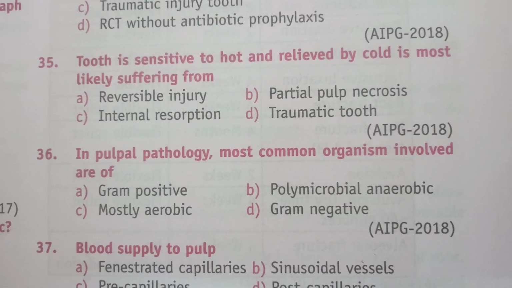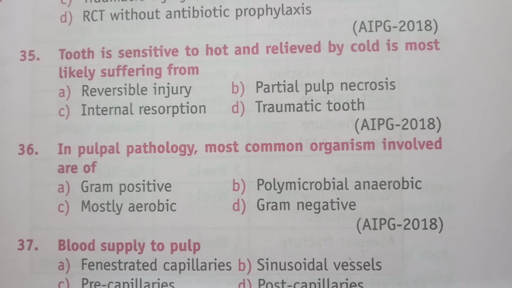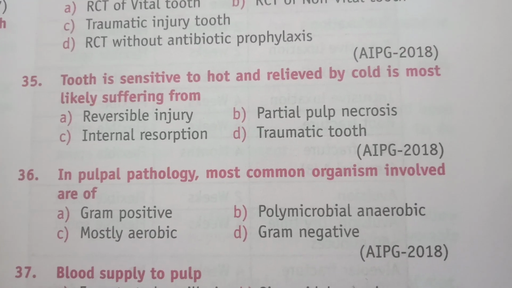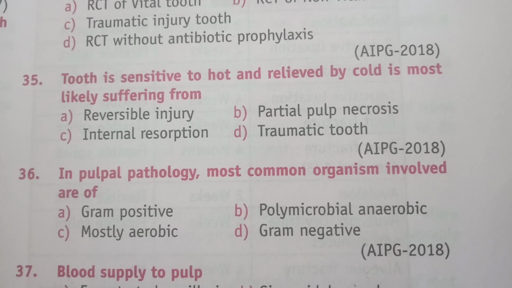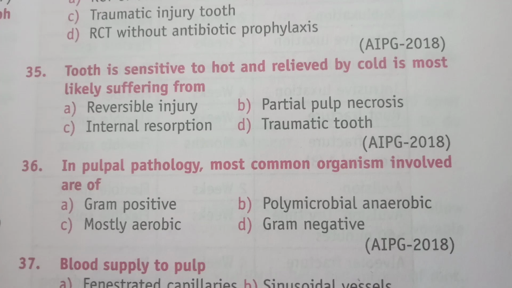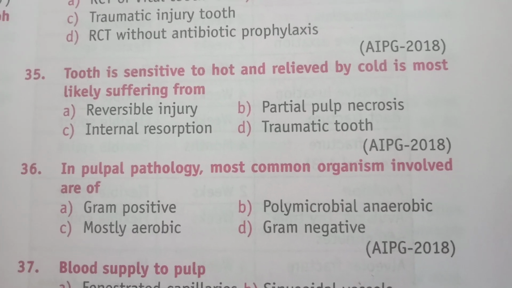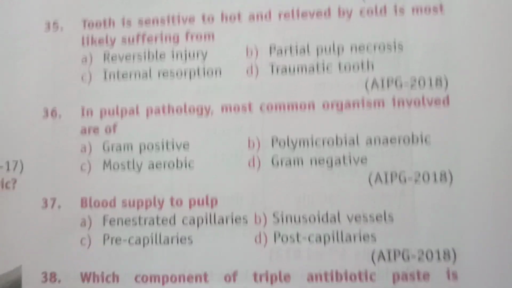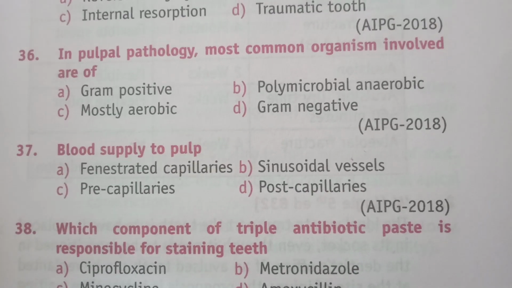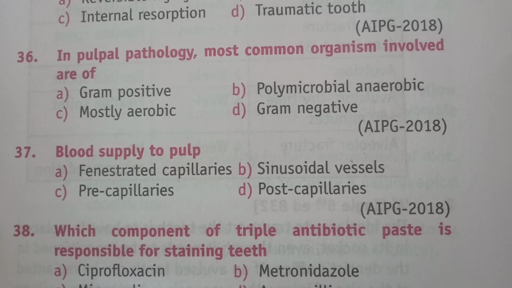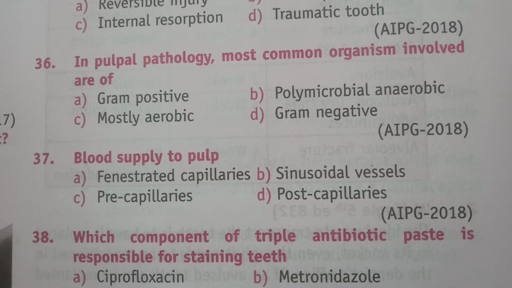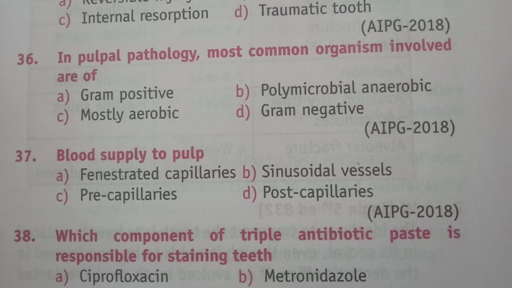In pulpal pathology, the most common organisms involved are gram positive, polymicrobial anaerobic, mostly aerobic, gram negative. Answer is B, polymicrobial anaerobic. 37, blood supply to pulp: fenestrated capillaries, sinusoidal vessels, precapillaries, postcapillaries. The answer is A, fenestrated capillaries.